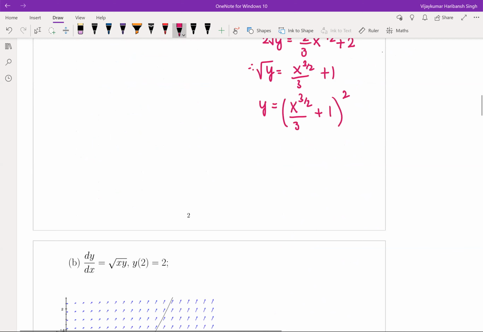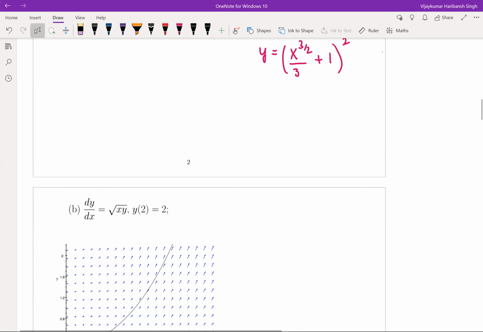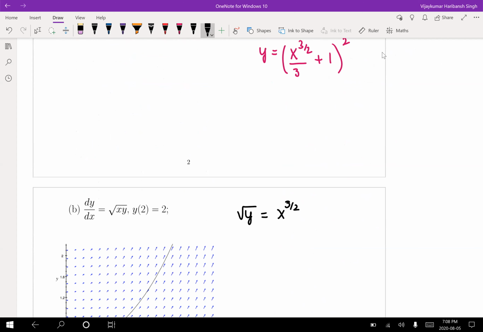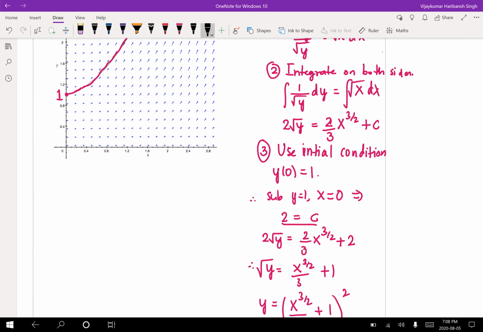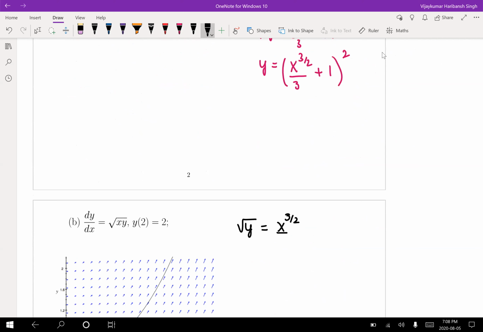Let's look at another one. Same equation, y(2) is 2. Here we already have the equation, before substituting the value for c. We get 2 times square root of y equals 2/3 x to the power 3/2 plus c, so if I divide both sides by 2, I will get square root of y equals x to the power 3/2 divided by 3 plus c.